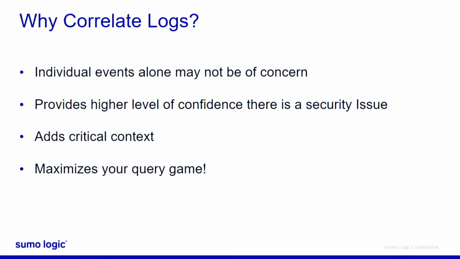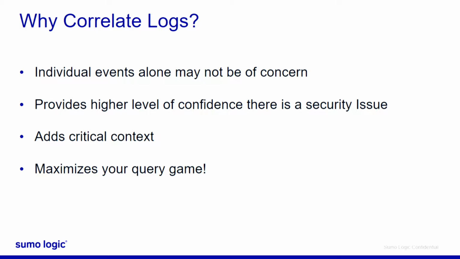Okay. So why should we correlate logs? Why is this important? Why does this make sense? As many of you probably are aware, individual events alone are often not enough to concern us. So a single login failure from our OS logs, whether that's Windows events or from our Linux environment, may not be that concerning to us. When we correlate, we can start to really get some additional insight.